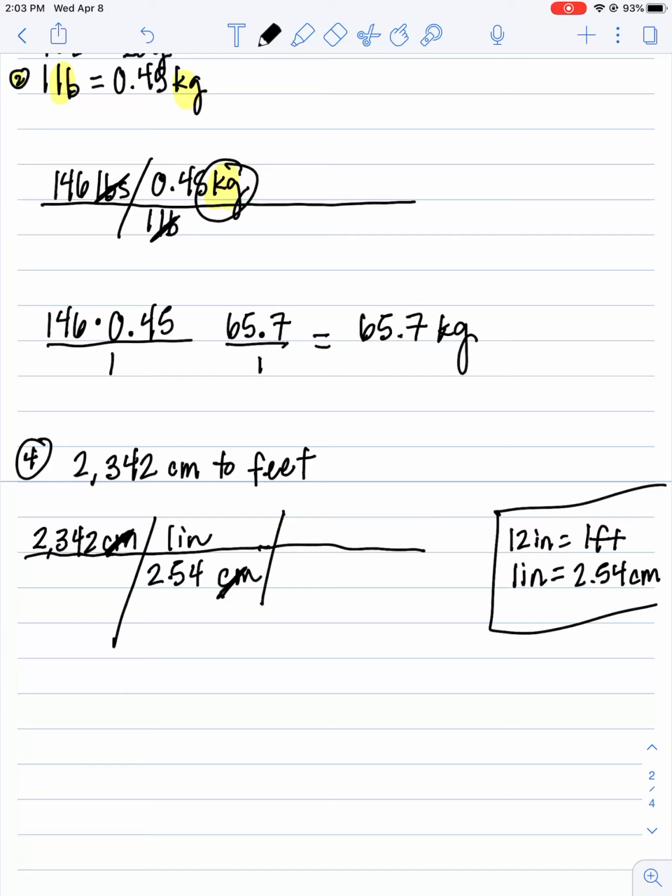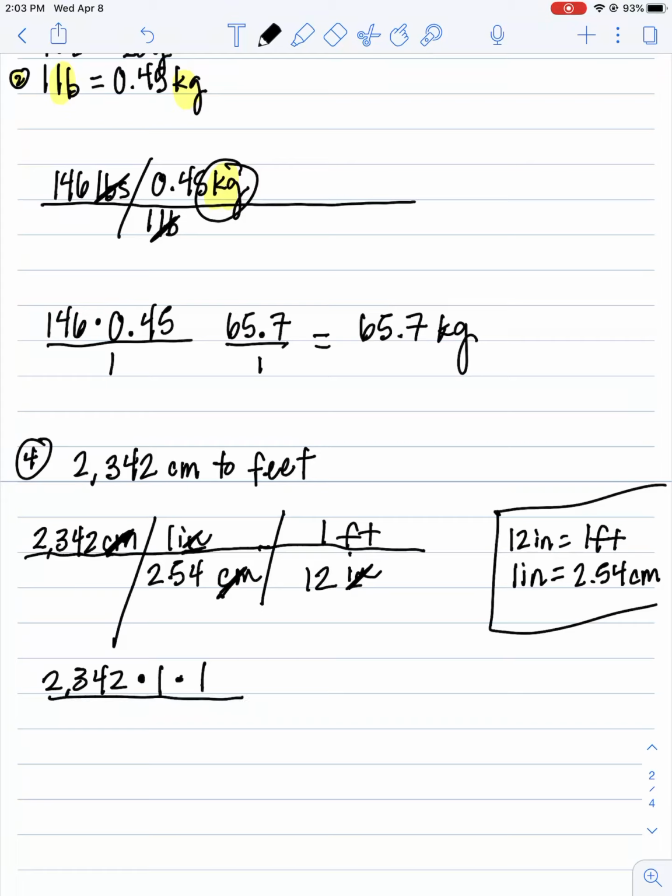So centimeter is going to cancel with centimeter. And if the problem asked for inch, I'd be done. But now if inch is in the top, then inch needs to be in the bottom. And so there's 12 inches in 1 foot. And so then inch and inch are going to cancel again.